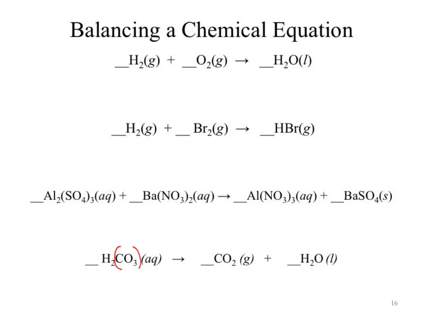Can I balance this reaction using carbonate? No. Why not? Carbonate does not show up on the product side. So when I go through to balance, I will look at carbon, oxygen, and hydrogen. I will not balance this based on the complex ion because the complex ion does not stay there. It changes in the course of the reaction.